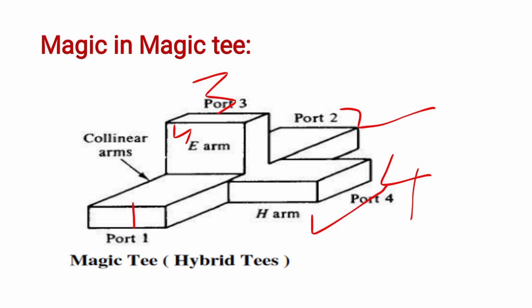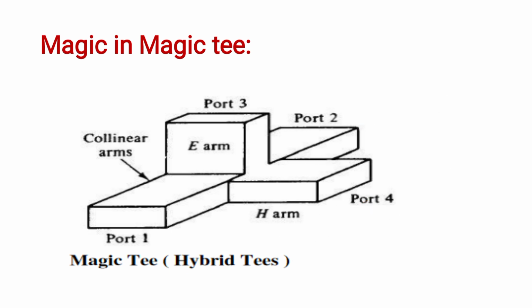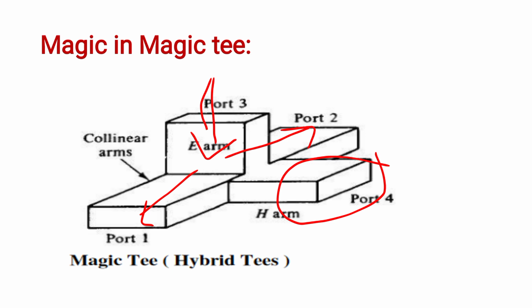Here I am going to explain the magic present in magic T. Suppose I incident a power at port 3, then this power is equally divided between port 1 and port 2, and no power is delivered to port 4. Do you understand? If I incident a power at port 3, the incident power at port 3 is equally divided between port 1 and port 2, and no power is delivered to port 4.